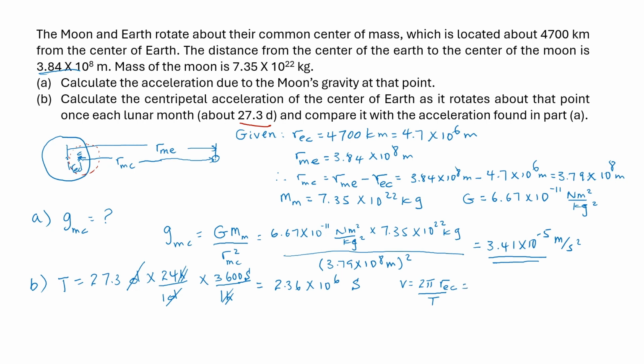Plugging in the numbers, that is 2 pi times 3.79 times 10 to the power of 8 meters, divided by the time taken to complete one cycle, which is 2.36 times 10 to the power of 6 seconds.